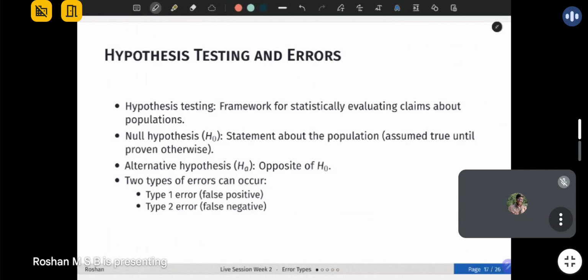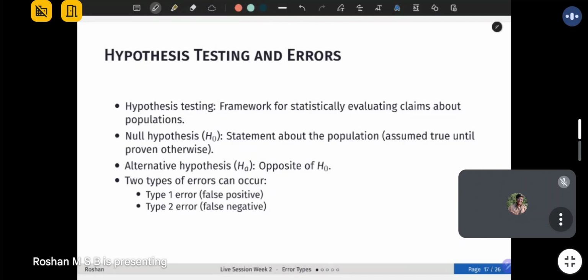The null hypothesis, as you have all seen till now, is a statement about the population that you always assume to be true until proven otherwise using all these statistical tests. You always frame the null hypothesis in such a way that you assume it to be true.